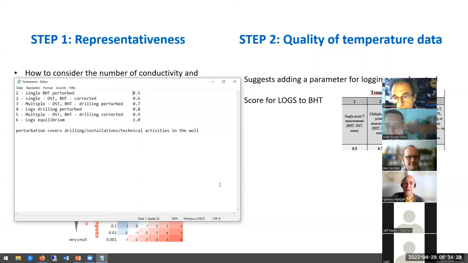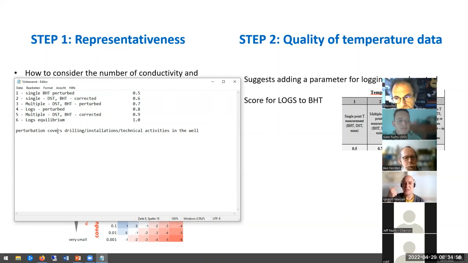Looks good at first. I agree, it's good. So only in point 4, maybe it's because I confuse everything. Drilling is not necessary anymore. So logs perturb. No, drilling is not necessary anymore. And even for the others, it's only to put in clear that these perturbations are specific to the activity in the well.